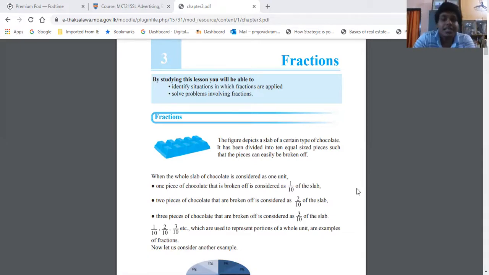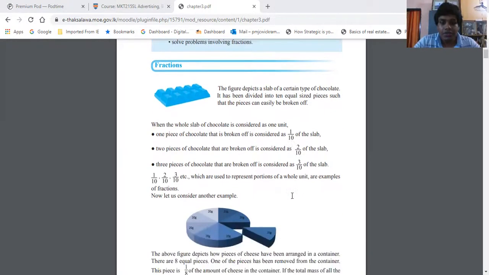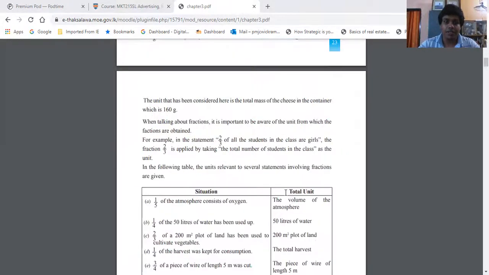Three pieces, 3/10 of the slab, and it goes on just like that. That depiction of 2/10, 3/10, two pieces out of 10, that part is called the fractions. When you divide it, that's what happens.